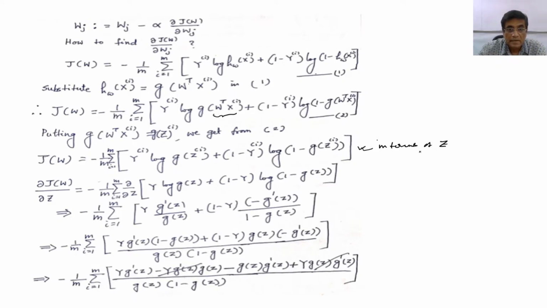For simplicity we will omit the sample sign from here onwards, but they are there. I am not putting it all this, because we want a cleaner looking expression. And then I will have to differentiate this function with respect to z, 1 by m.